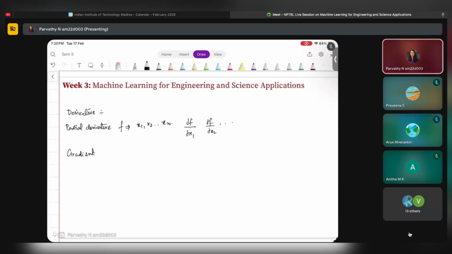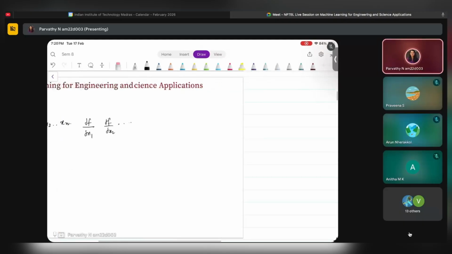Then the Hessian matrix is a matrix of second order partial derivatives, and the Jacobian is the gradient generalized to vector valued functions.